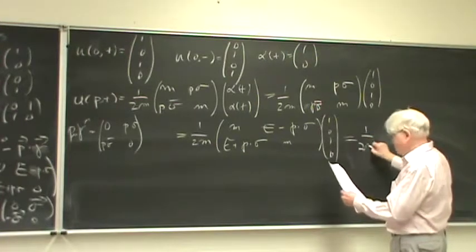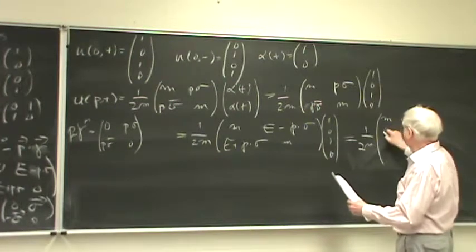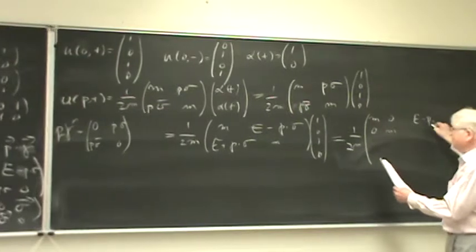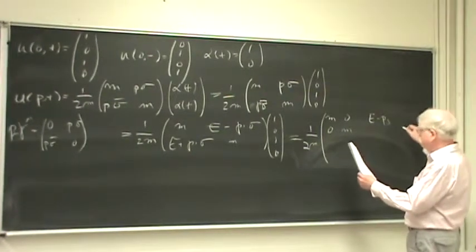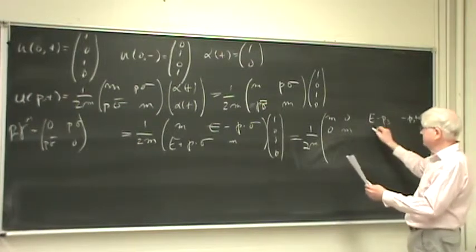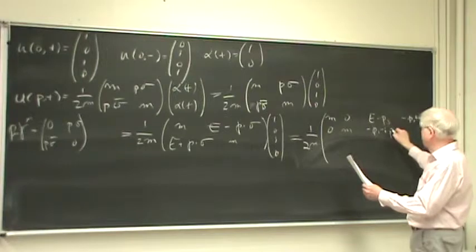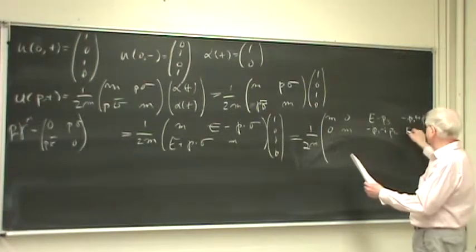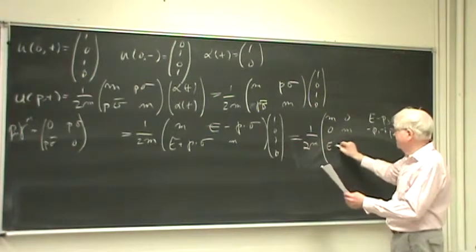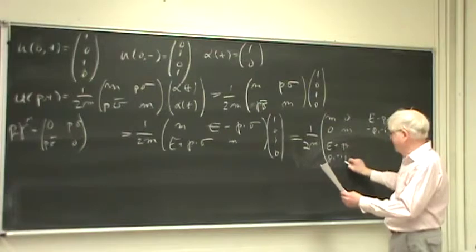And you have 1 over 2m, m, 0, 0, m, E minus p3, minus p1 plus i p2, minus p1 minus i p2, E plus p3, E plus p3, p1 plus i p2.